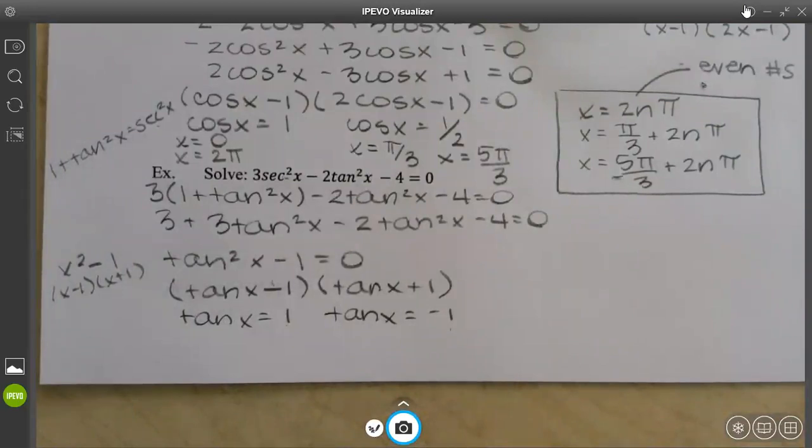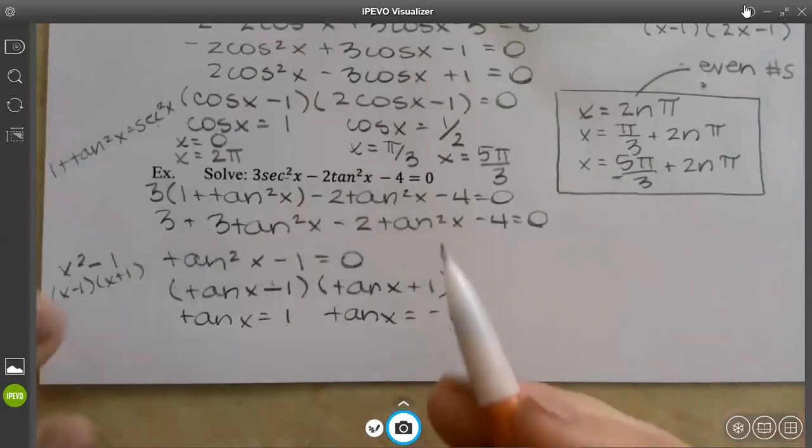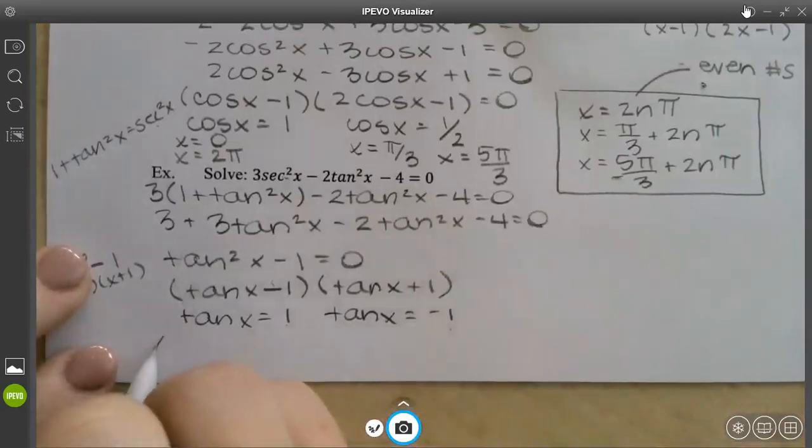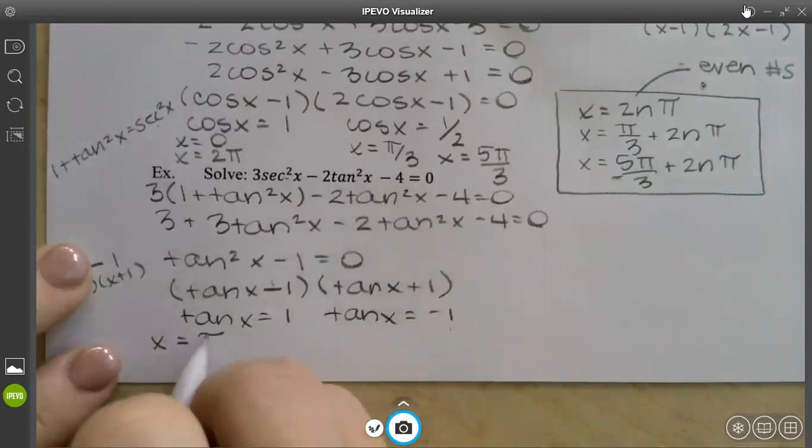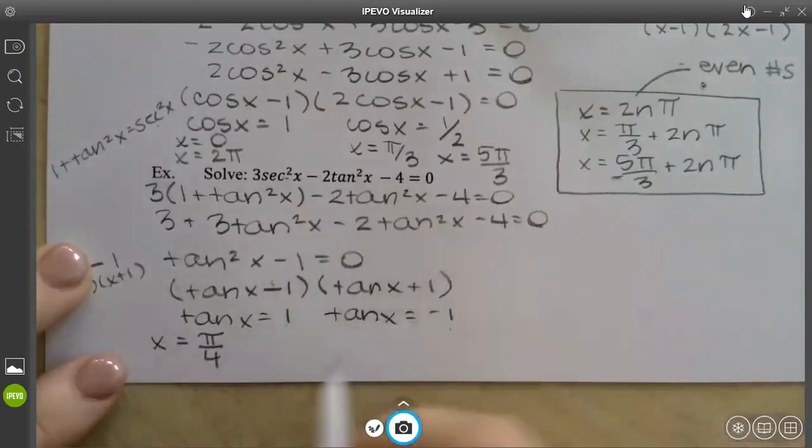So where do you have 2 coordinates that are positive square root of 2/2, or 2 coordinates that are negative square root of 2/2? Pi/4 and 3 pi/4.